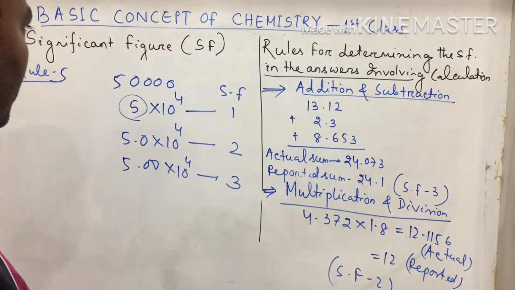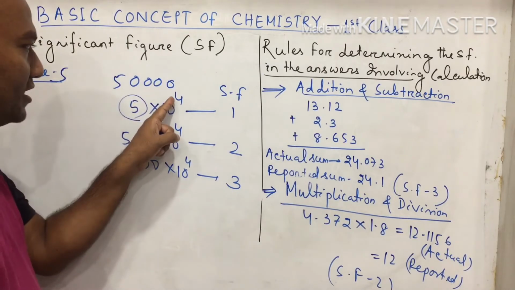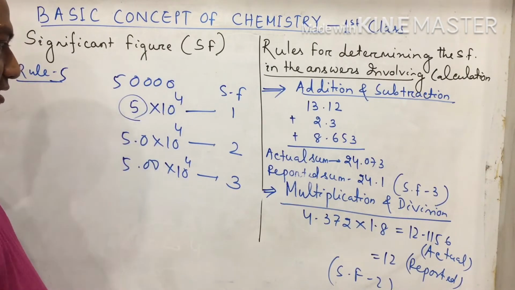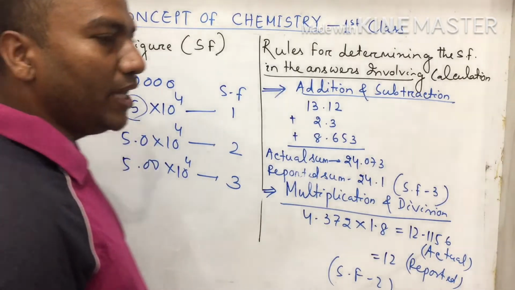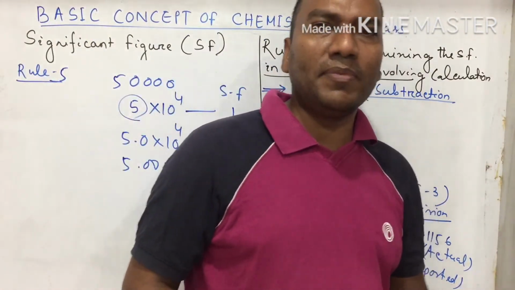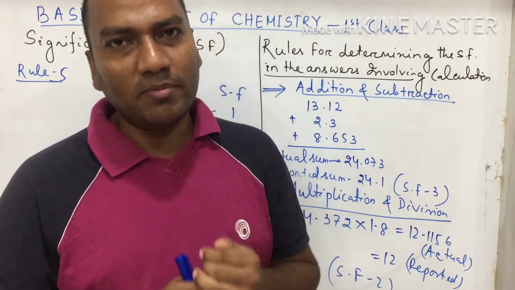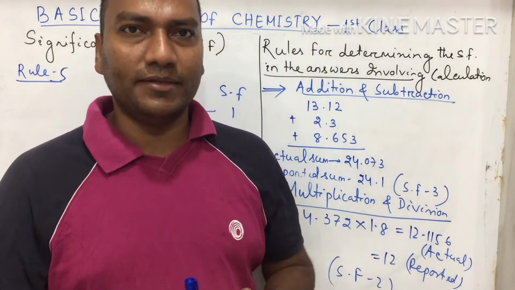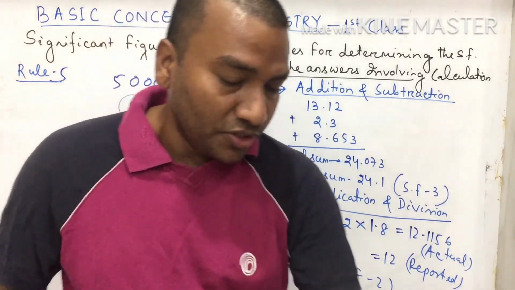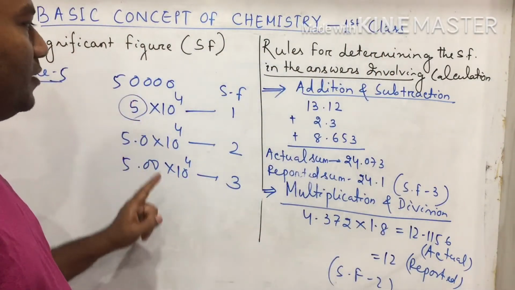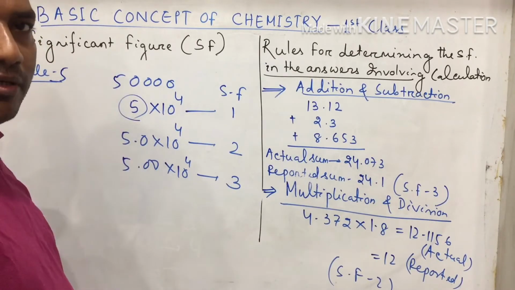Clear? So if a number ends in zeros but a decimal point is not present, then these zeros may or may not be significant. It depends on the representation. So these are the 5 rules for calculating significant figures for an individual number.